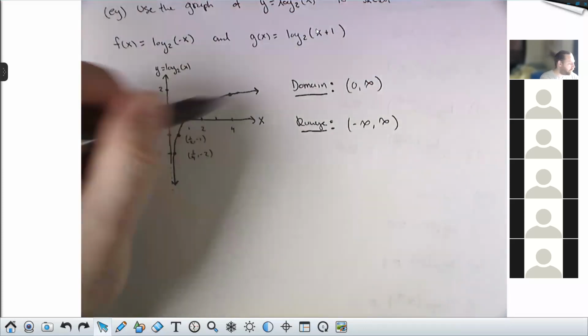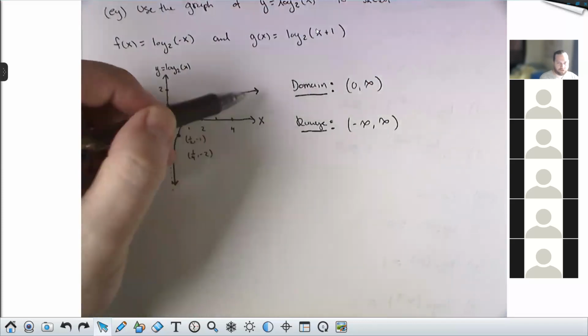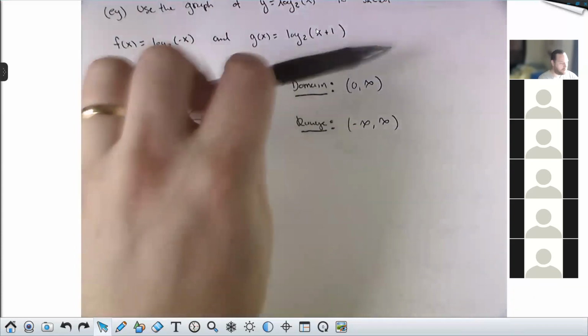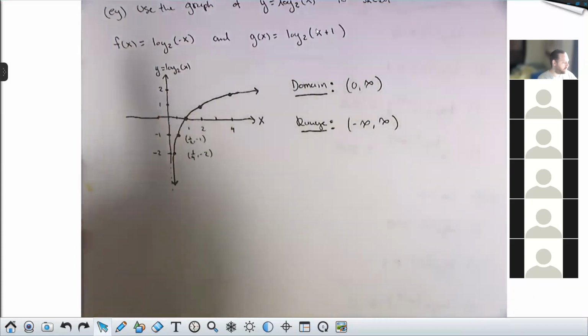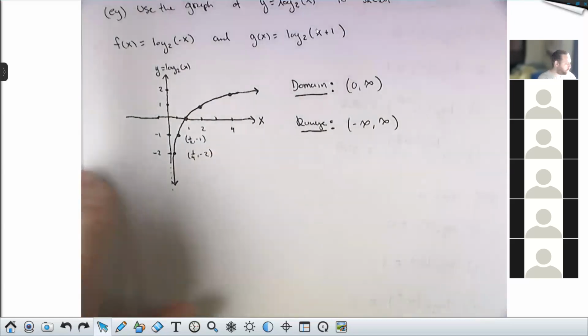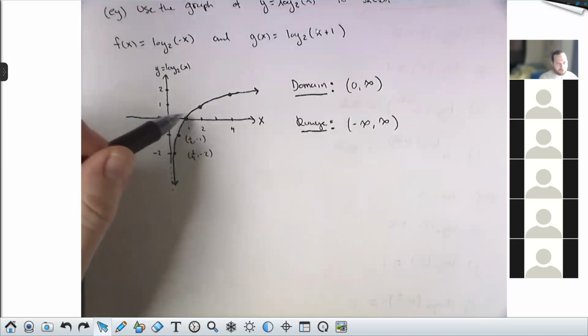What's not super obvious from the picture is that this goes up all the way to +infinity. It takes its time getting there, right? It's like growing pretty slowly, but there is no horizontal asymptote here. This thing goes all the way up. And I'll warn you, if you get used to graphing these things on graphing calculators, it's easy to misunderstand what's going on here. A lot of people have this misconception that the graph of the logarithm starts at this point, but it does not. The graph of the logarithm goes all the way down here.